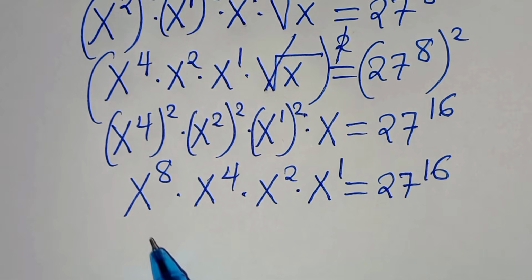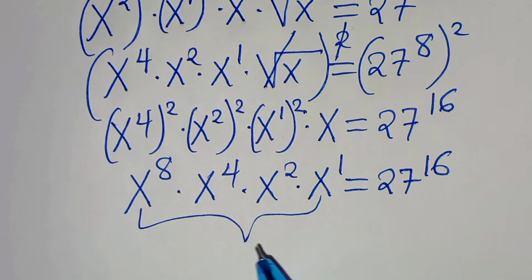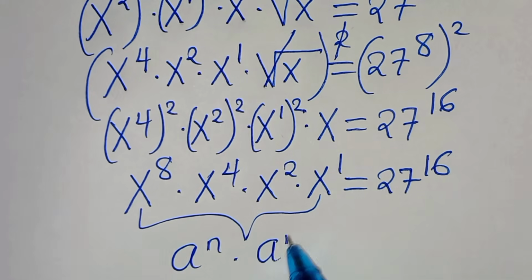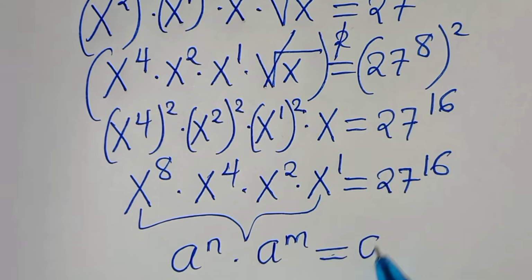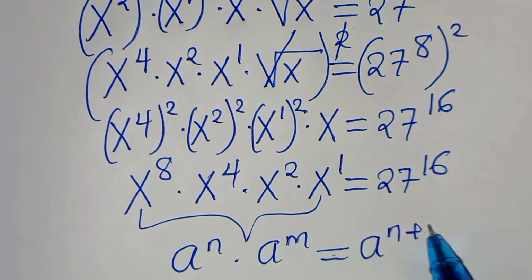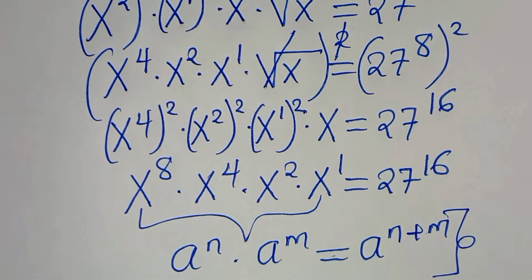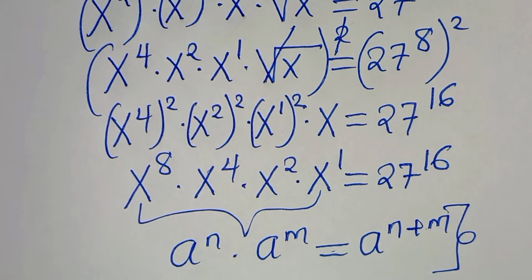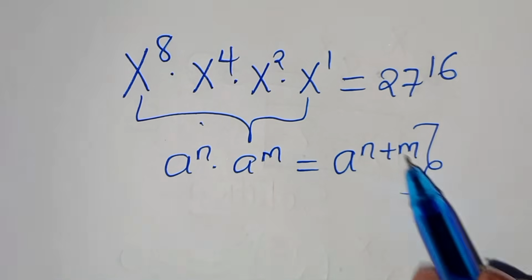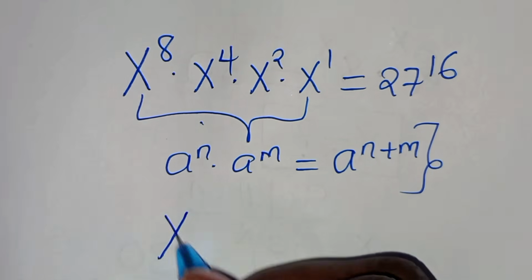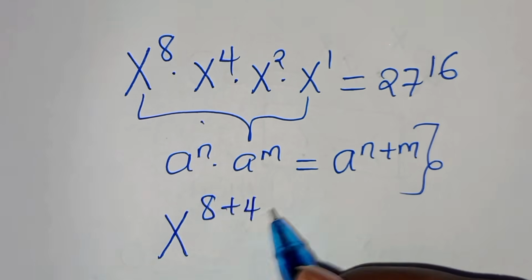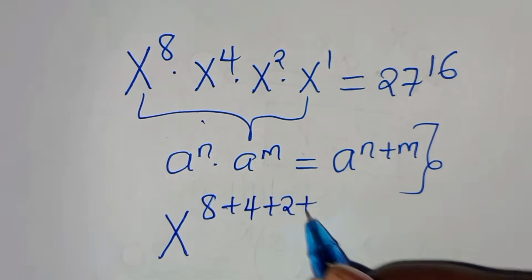Okay, now this is in the form of a to the power of n times a to the power of m, which we can express as a to the power of n plus m. Now applying this exponent property, then we have x to the power of 8 plus 4 plus 2, then plus 1.